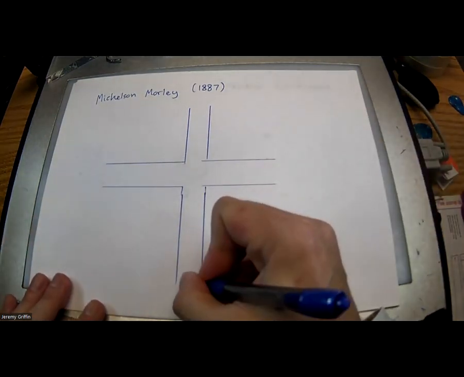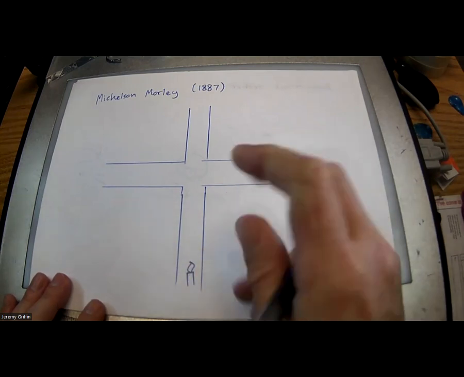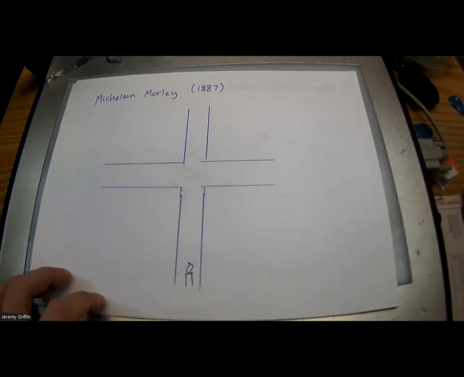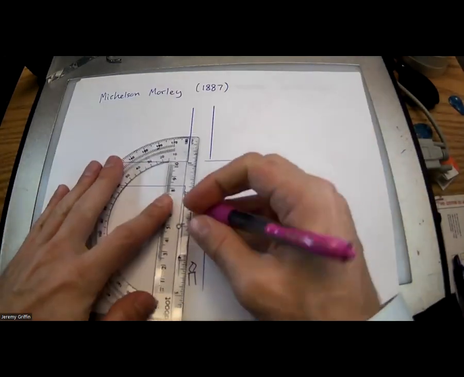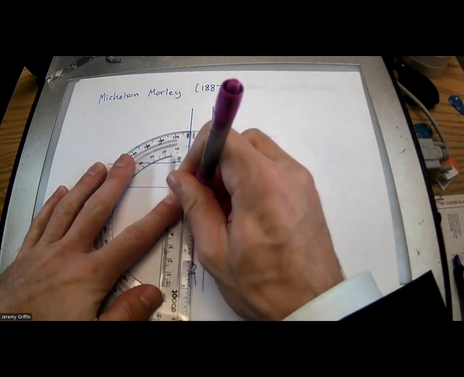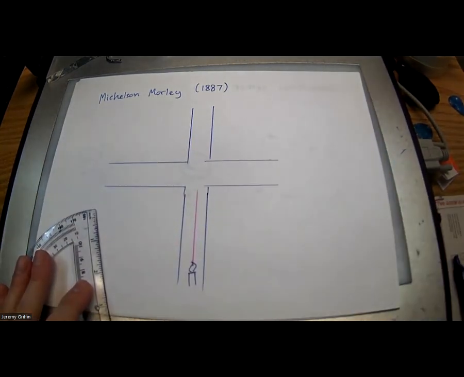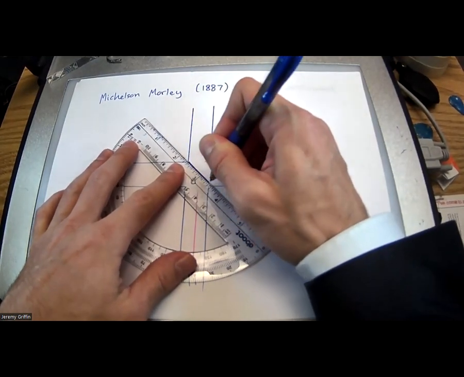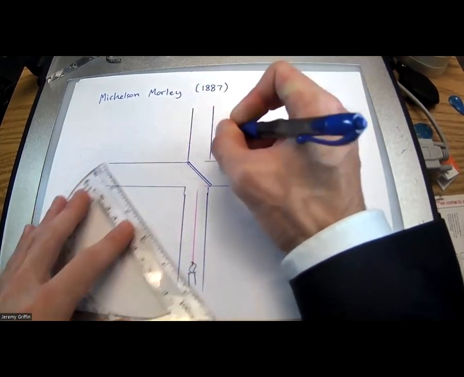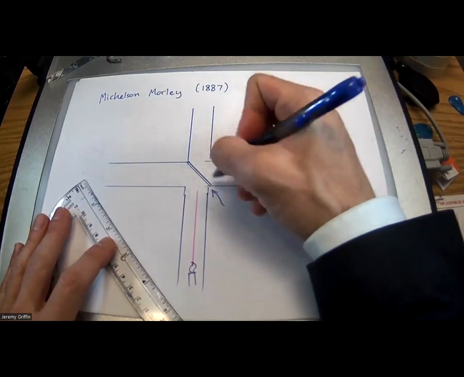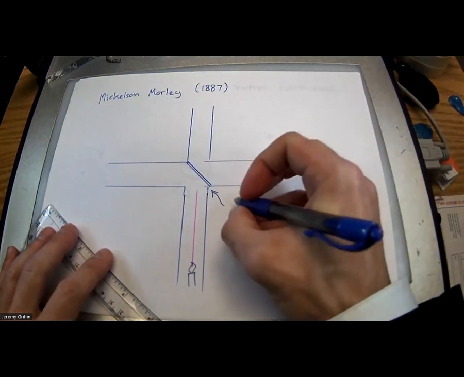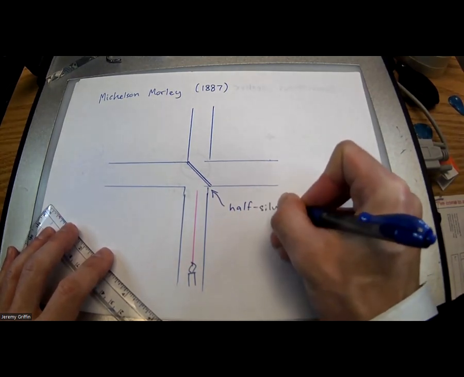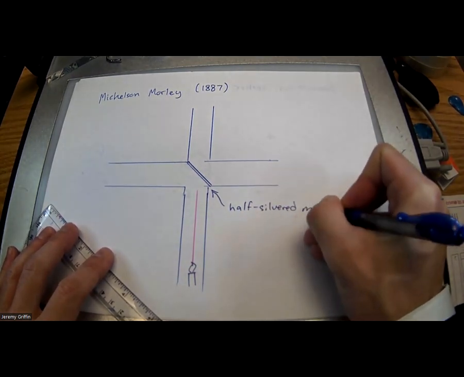So what they had was some light source. I'll represent that with a candle flame, but some kind of light source that would be sending out these light beams. So send a light beam, say like that way, for some particular light ray. And then here it was split by a half silvered mirror. You could call this a half silvered mirror.